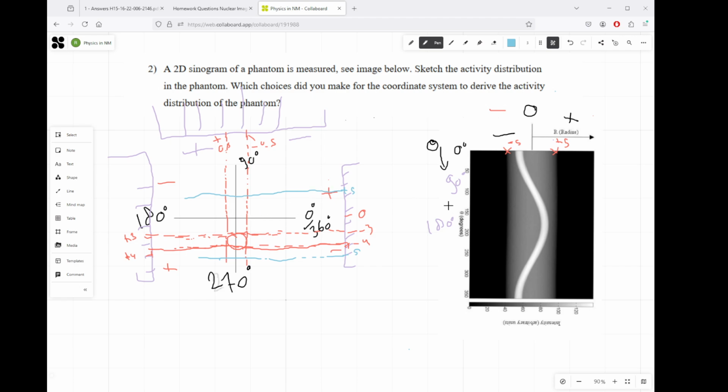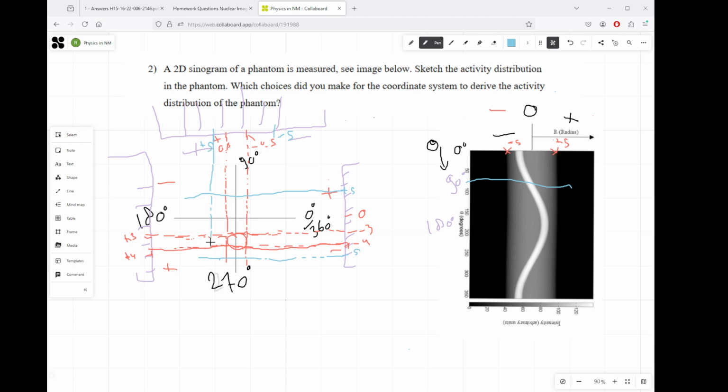Again, we do the same thing at 90 degrees, but it's the same for this sinogram, the lighter sinogram. So we'll do the same thing. Over here at 90 degrees, -5. I think somewhere here, -5, and here +5.